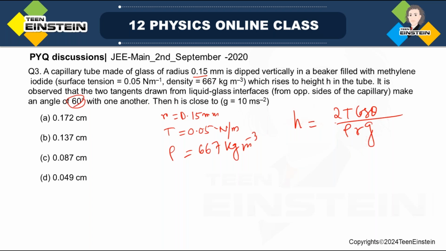Small r is the radius of the capillary, and rho is the density of the liquid. T is the surface tension of the liquid. Okay. Now here one trick is given. Let me write this on this side, single side.